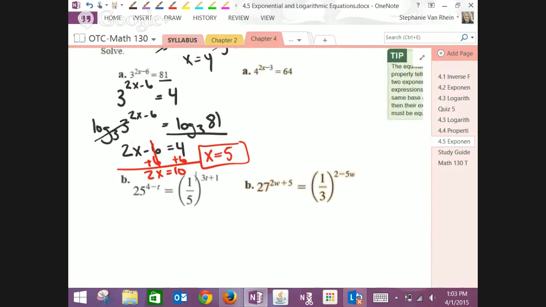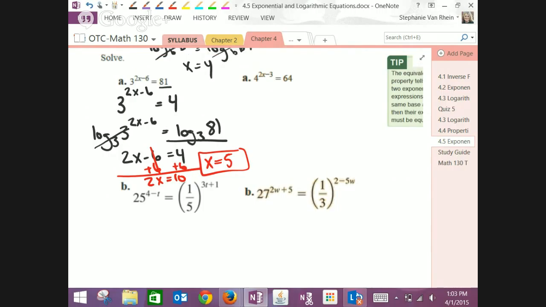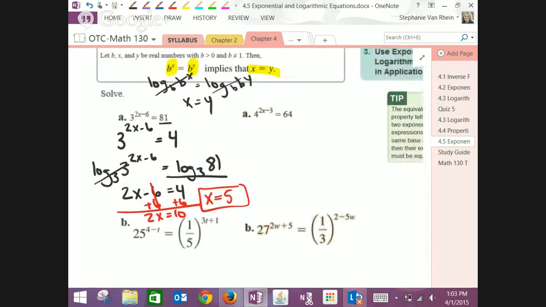Do you guys see that? What about the other one here? Can I write 64 as a power of 4? 3, right?